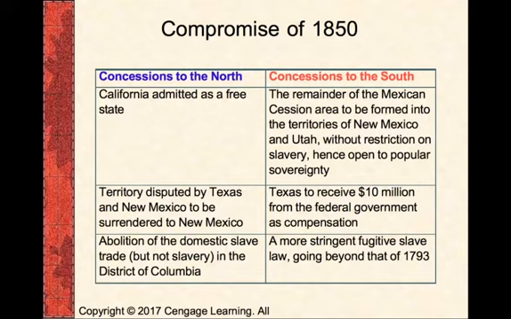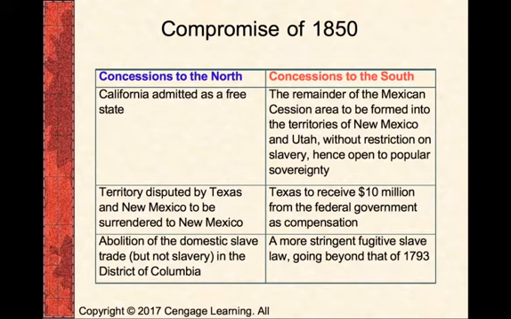And then slave trade in the District of Columbia was abolished, but not slavery itself. So you couldn't buy and sell slaves in Washington, D.C., but you could still have slaves. The South gets the rest of the land that would become New Mexico and Utah without a restriction on slavery.